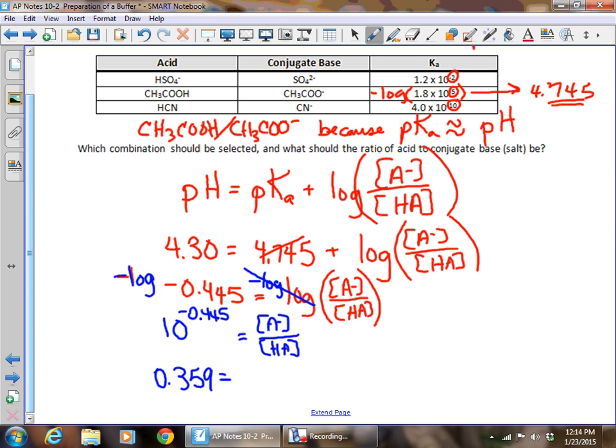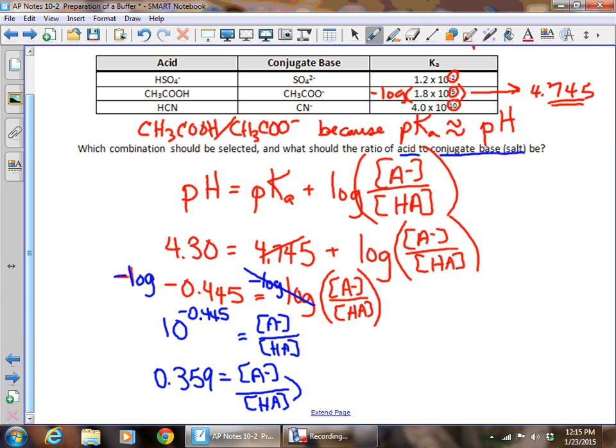0.359. Now, this is where how it's stated in the problem becomes very important. The problem asks for the ratio of the acid to the conjugate base or salt. Look at what I've got now. Right now I've got conjugate base or the salt over the acid.